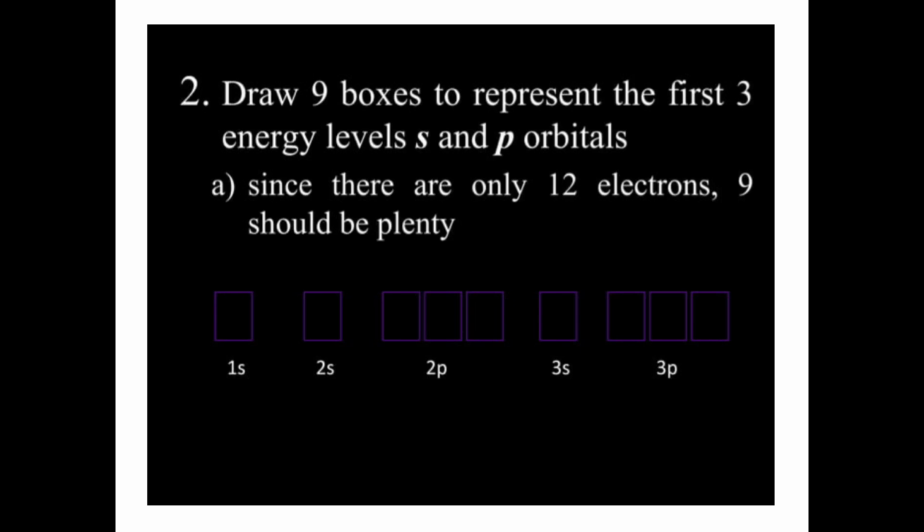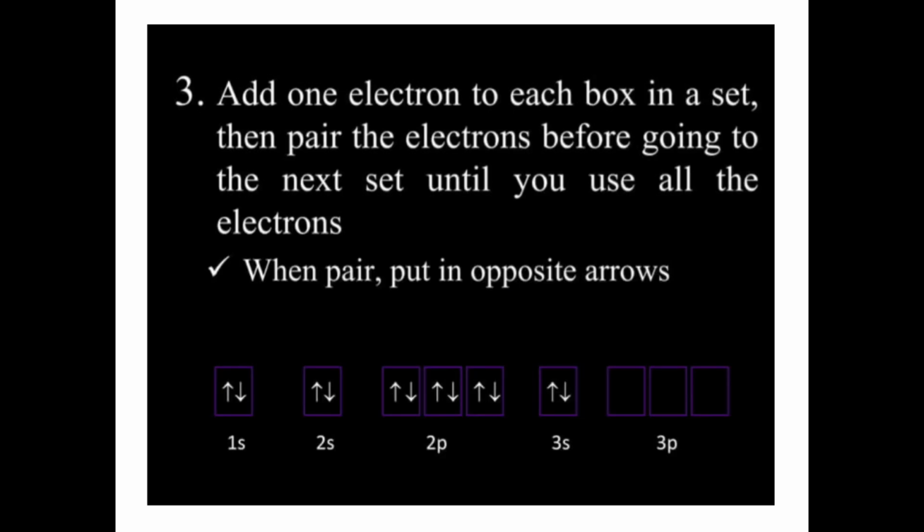So we have to represent using 3 energy levels, since it is in period 3. So you have one for 1s, another one for 2s, three for 2p, one for 3s, then three for 3p. Once you draw it like that, we begin to fill. We add them one by one.